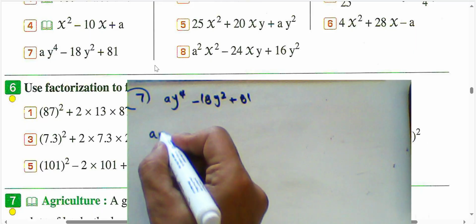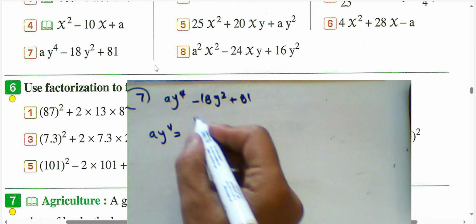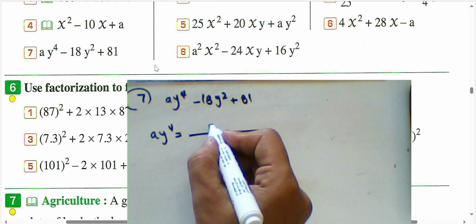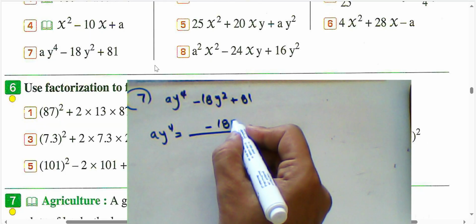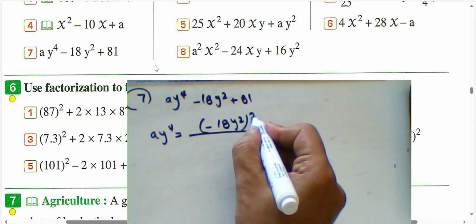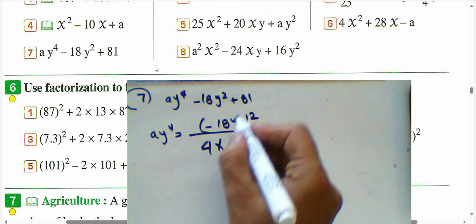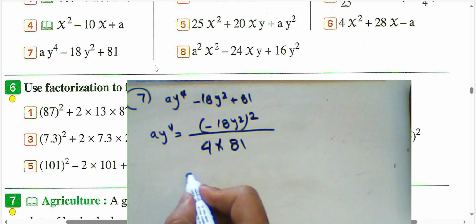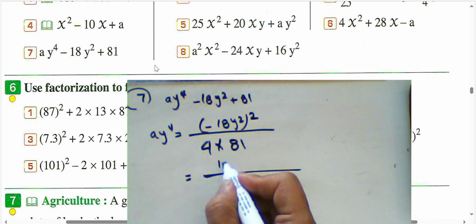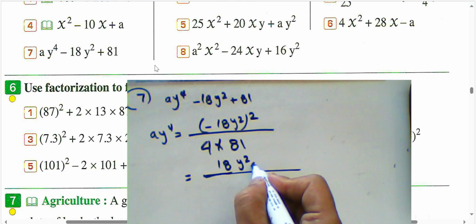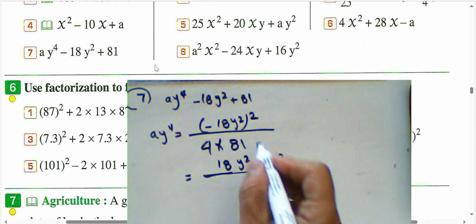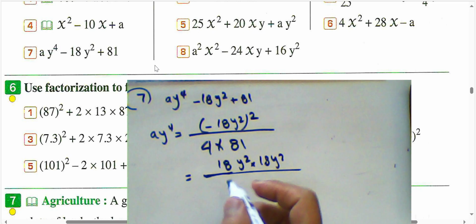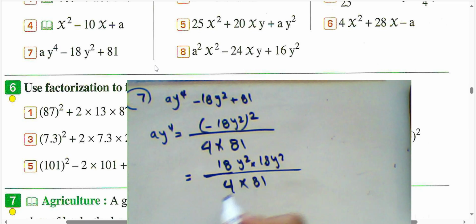Then ay power 4, the first, equals the middle power 2, negative 18y power 2, over 4 product by the third, 81. So 18y power 2 times 18y power 2, negative times negative is positive, over 4 times 81.